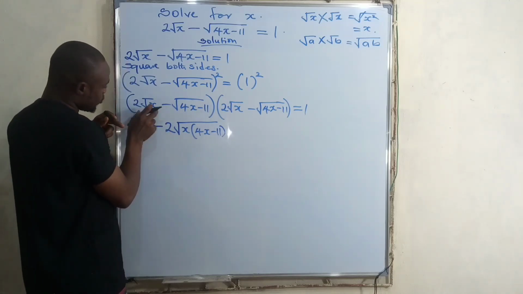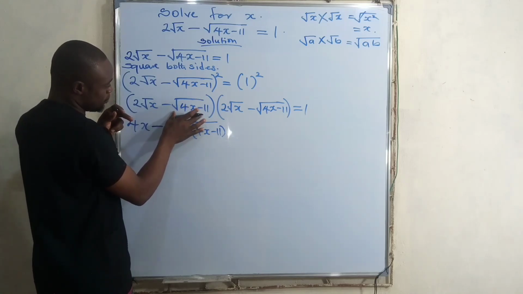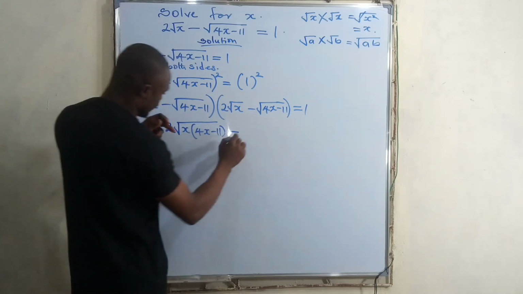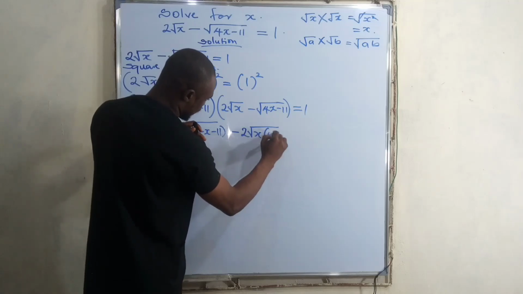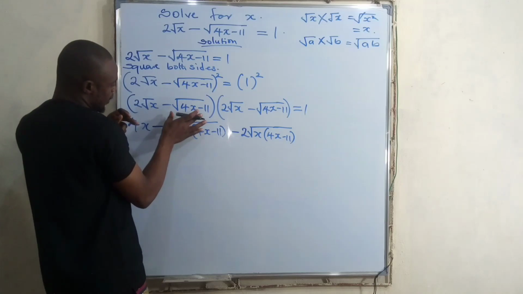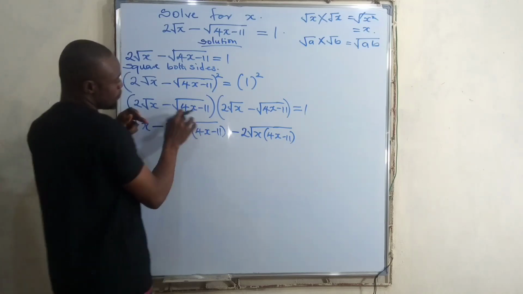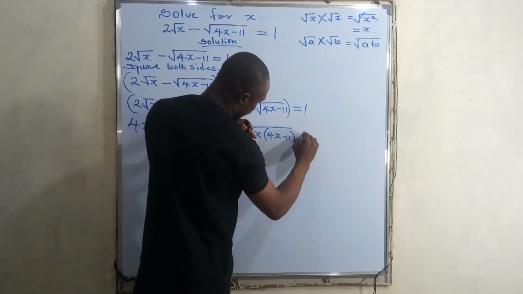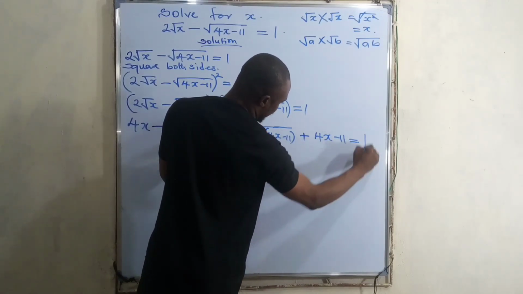So again, root 4x minus 11 multiplies 2 root x to give us the same thing, minus 2 root x open bracket 4x minus 11. Again, minus root 4x minus 11 multiplies the same, minus root 4x minus 11. So minus times minus is plus, so we have 4x minus 11 equal to 1.